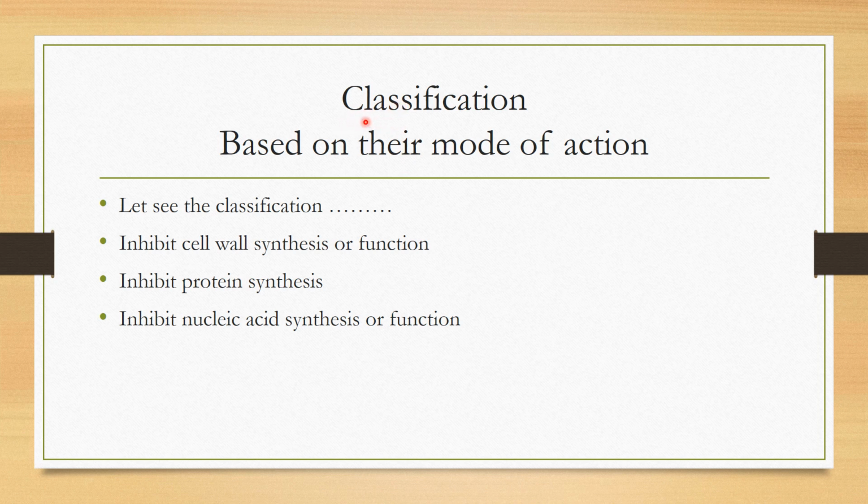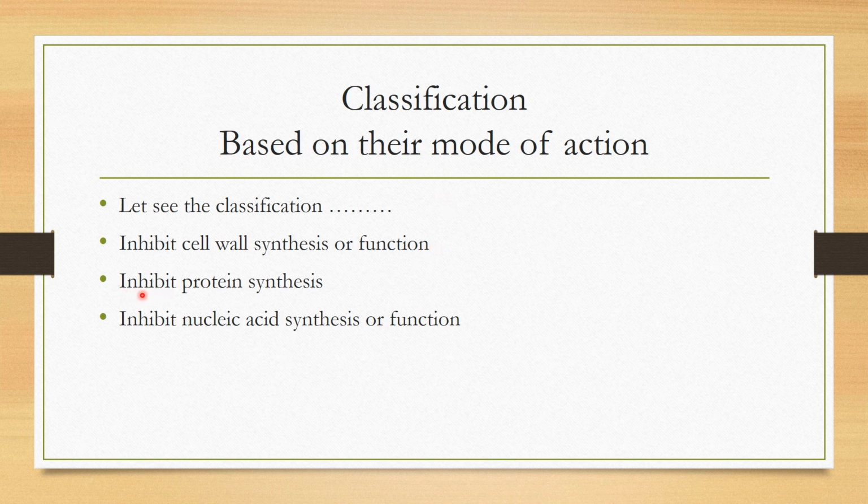If we talk about their classification, here we classify these antibacterial drugs according to their mode of action. The antibacterial drugs work in the following three ways. They may inhibit the cell wall synthesis or function of the bacterial cell.